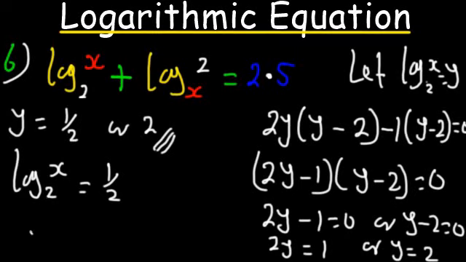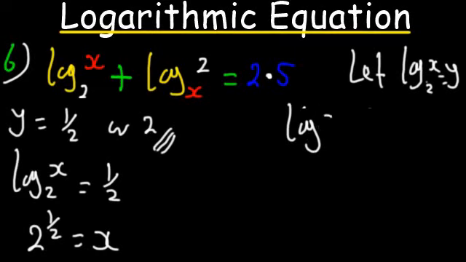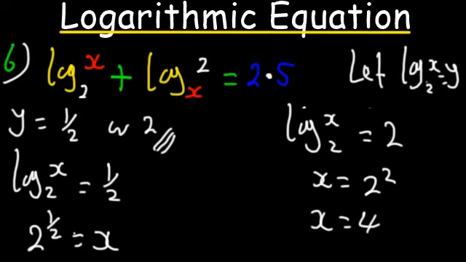So therefore 2 to the power of half can be equal to x, or when y is equal to 2 then log of x to the base of 2 will be equal to 2, and this 2 can be raised to this, so therefore x can be equal to 2 to the power of 2, and 2 to the power of 2 is simply 4, and those are the corresponding two values of x that we can have.